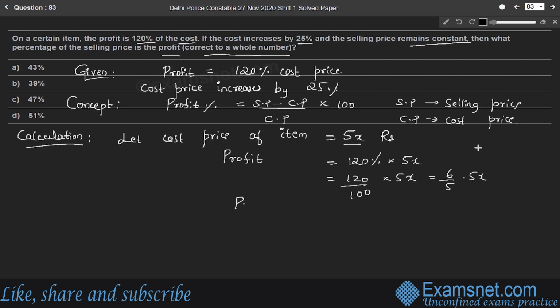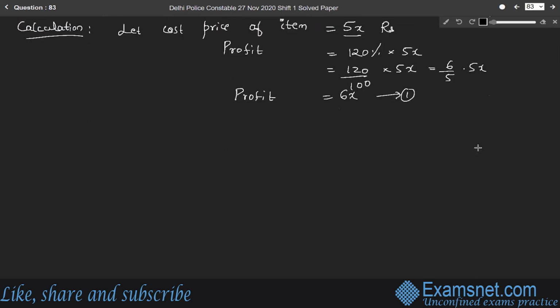Therefore, profit is equal to 6x, right? If profit is 6x, what is the selling price? Selling price is equal to cost price plus profit. Cost price is 5x, profit is 6x.